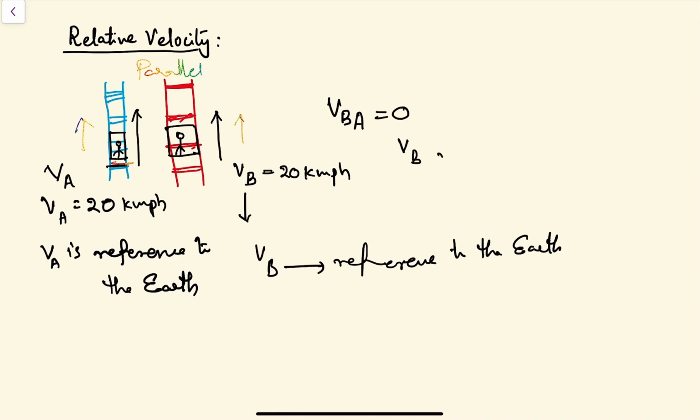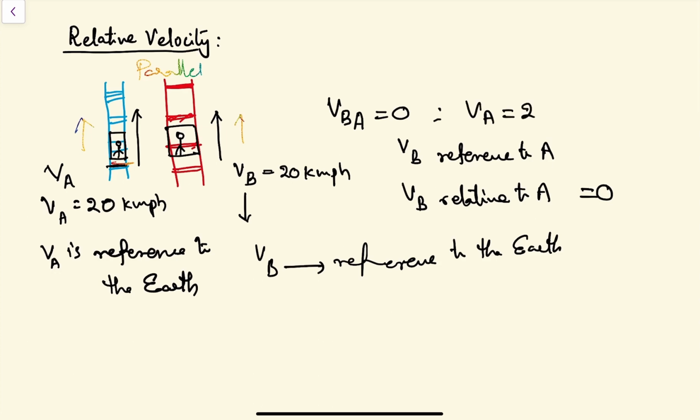Velocity of B with reference to A, or velocity of B relative to A, is equal to 0, where individually VA is equal to 20 kmph and VB is equal to 20 kmph.